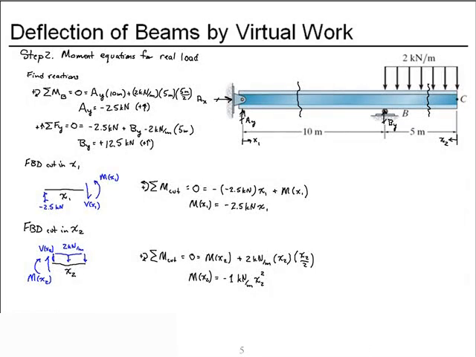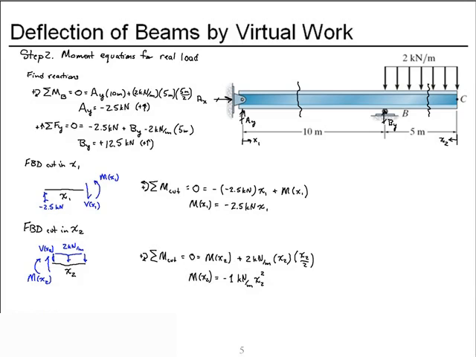We then moved to virtual work, and we started by calculating the moment equations for the real load. We needed two equations, and since you get to pick the origin and direction of the axis for each equation, I tried to pick the origins that would make my equations as simple as possible, since we have to multiply them times other equations and then integrate them.